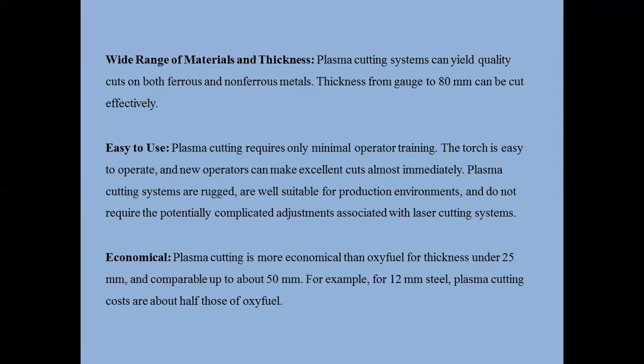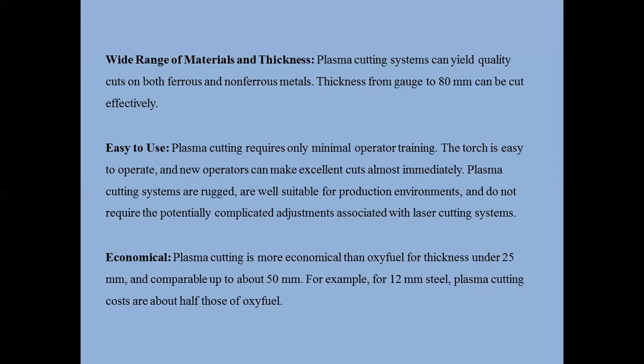The torch is easy to operate and new operators can make excellent cuts almost immediately. Plasma cutting systems are rugged as well, suitable for production environments, and do not require the potentially complicated adjustments associated with laser cutting systems. See, installation and working is very simple.